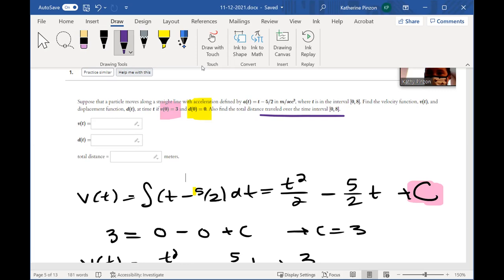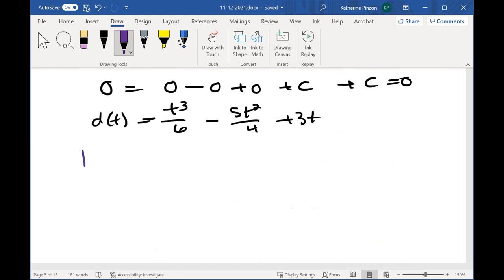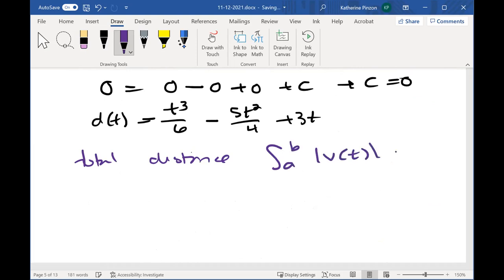If I want the total distance, I take away that negative part and say I always want to be moving forward, so I use absolute value. So to find the total distance traveled, you integrate the absolute value of the velocity function.